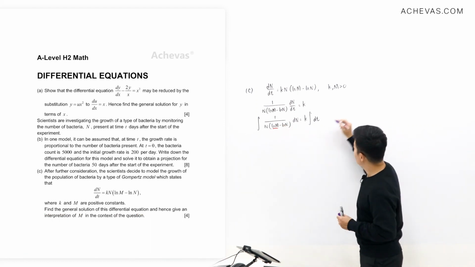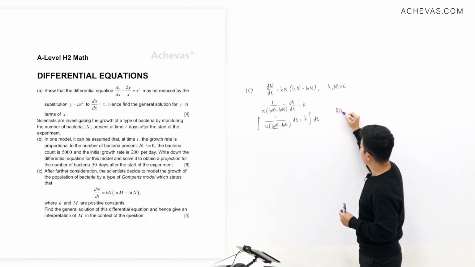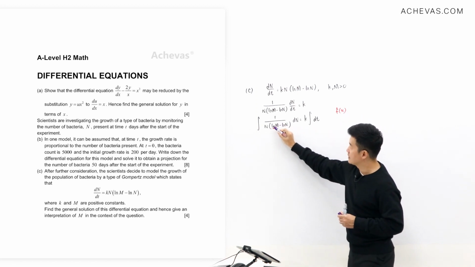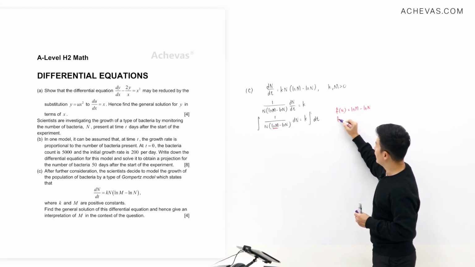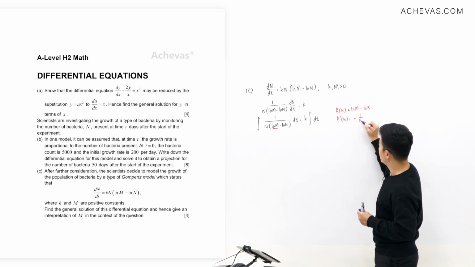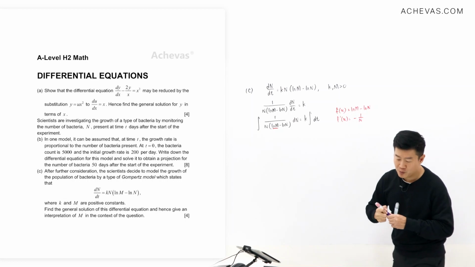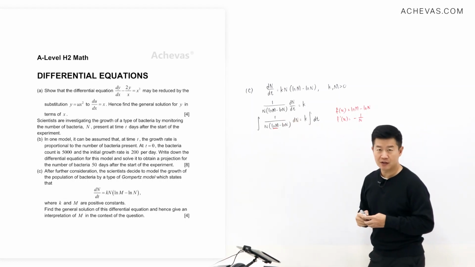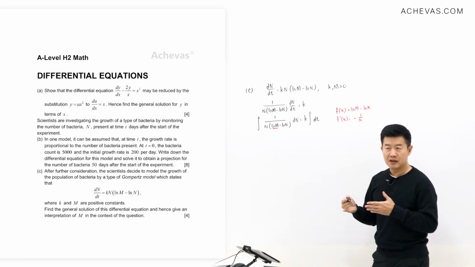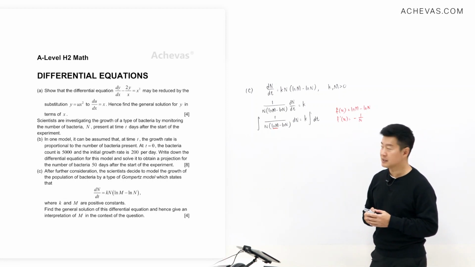Which means that for this, if I can just treat, for example, f of n as this expression over here, which is a constant minus ln n. And f prime is going to be equal to minus 1 over n. Okay, hopefully you will be able to see the version of f f prime in this over here, like how we have discussed about it, integration technique on the Achevas TV.